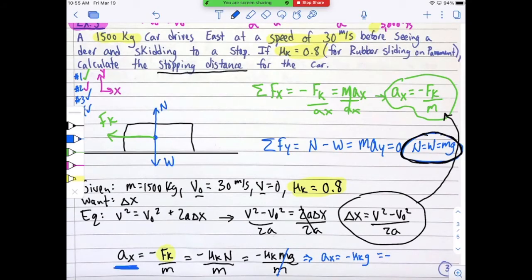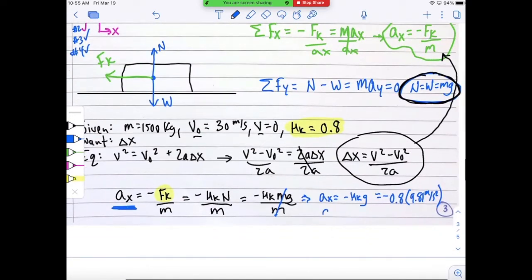Which is negative 0.8 times 9.81 meters per second squared. So let's go ahead and crunch it. 0.8 times 9.81 is going to be 7.8. So our acceleration for this problem, a in the x direction, is going to be negative 7.848 meters per second squared.